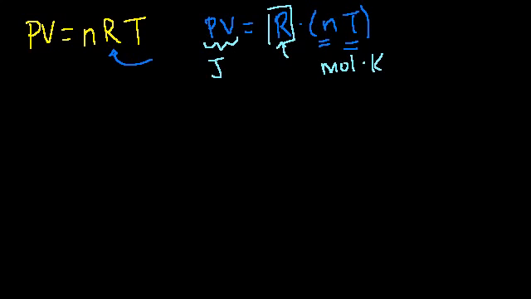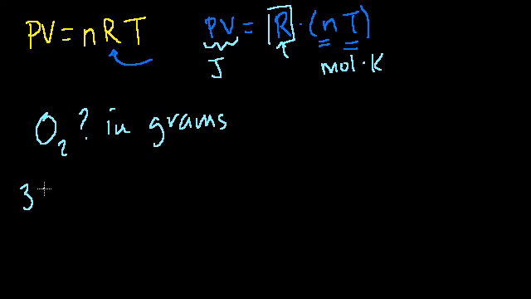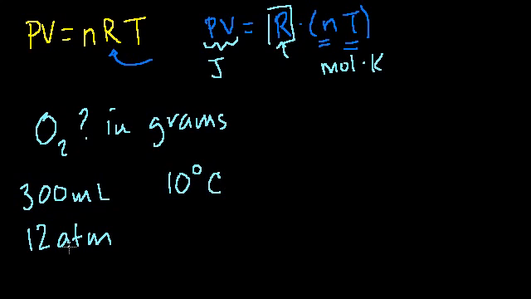Let's say we want to know how many grams of O2 are in a 300 milliliter container that has a pressure of 12 atmospheres, and the temperature is 10 degrees Celsius.